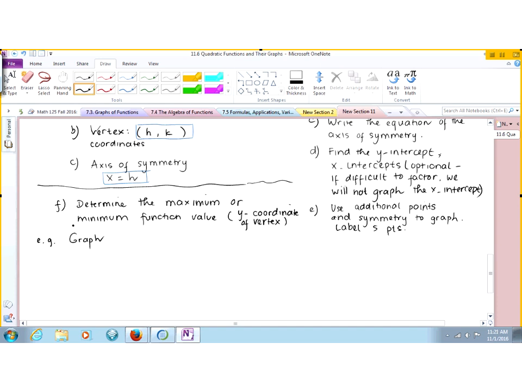Now, so for example, graph, using steps A, B, C, D, E. Number 1, f of x is equal to negative of x plus 1 squared plus 4.